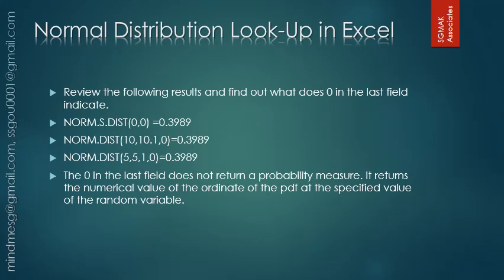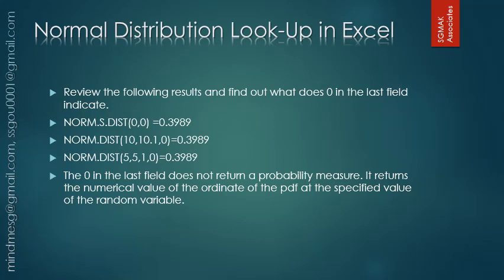The reason is they're all centered at the mean of the distribution, and all distributions presented here have a standard deviation of 1. And 0.3989 is the height, the ordinate value, of the probability density function of a normal distribution at the mean value with a standard deviation of 1.